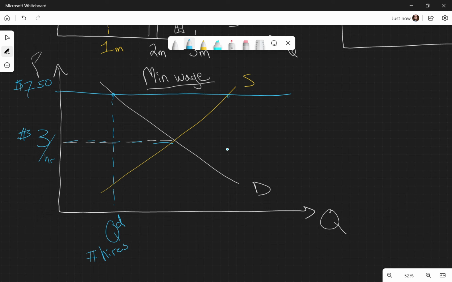So the quantity supplied, which is the available laborers, and so as a result, there's going to be unemployment.